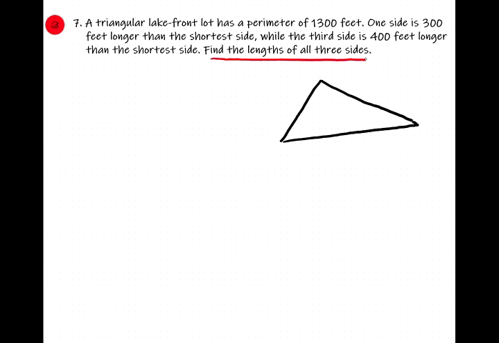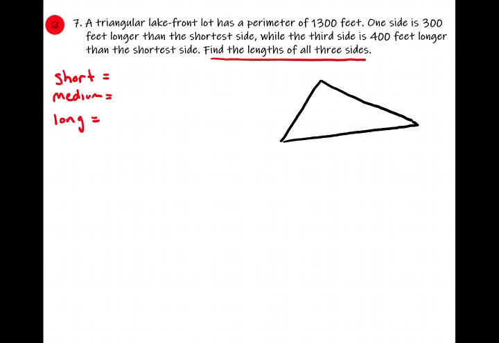Okay, so again, there's 3 unknowns here, and it looks like there's a short side. There's a medium side, let's say medium or middle, and there's a long side. And in the problem, 2 of the sides are given in terms of the shortest one.